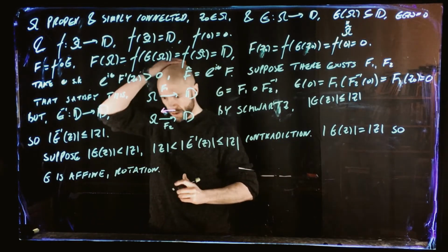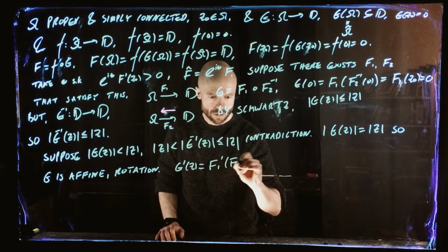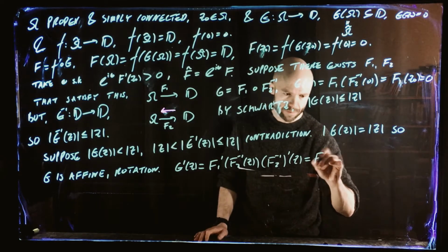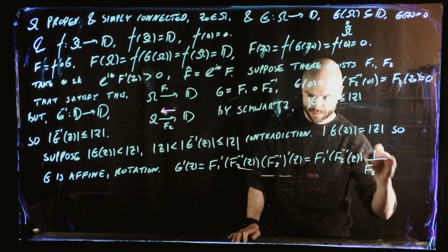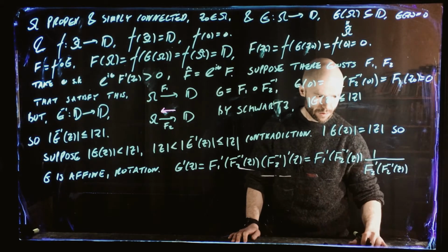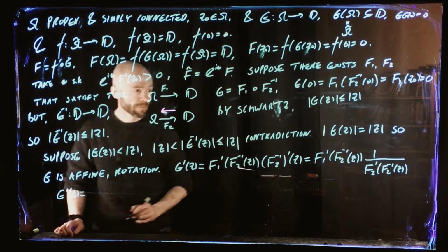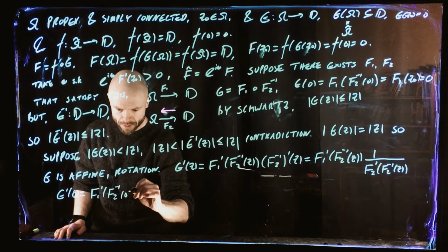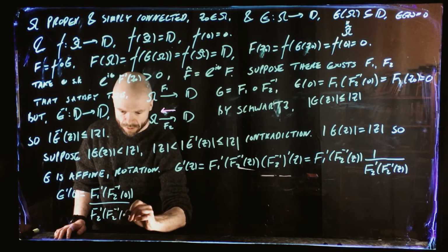And if we calculate the derivative, g prime of z, let's do this at 0. g prime of 0 is equal to f1 prime of f2 to the minus 1 of 0 over f2 prime of f2 to the minus 1 at 0, right?